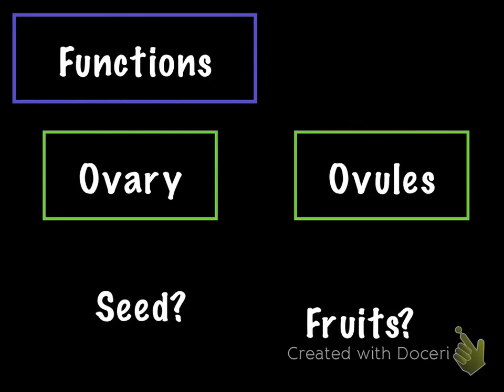Or do the ovules produce seeds or fruits? Now, let me teach you a trick. Look at ovary. It has the letter R. Now, take a look. Fruit also has the letter R. How about ovules? Ovules has the letter E and seeds has the letter E. So you can remember easily. The ovary becomes fruit after fertilization and the ovules become seeds after fertilization. Can you see the trick?